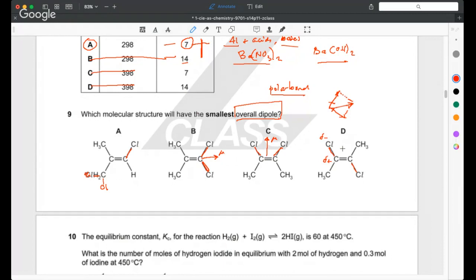This one here, you can see you've got one vector going that way, another vector going that way. So those two look like they're going to cancel each other out, almost actually. So that looks like it's going to have the smallest overall dipole because these two vectors are effectively cancelling each other out.